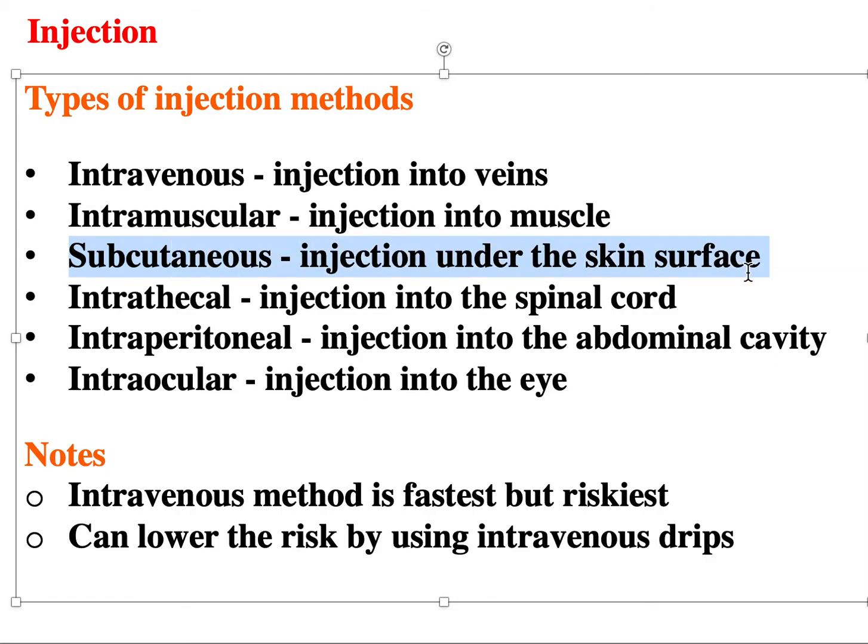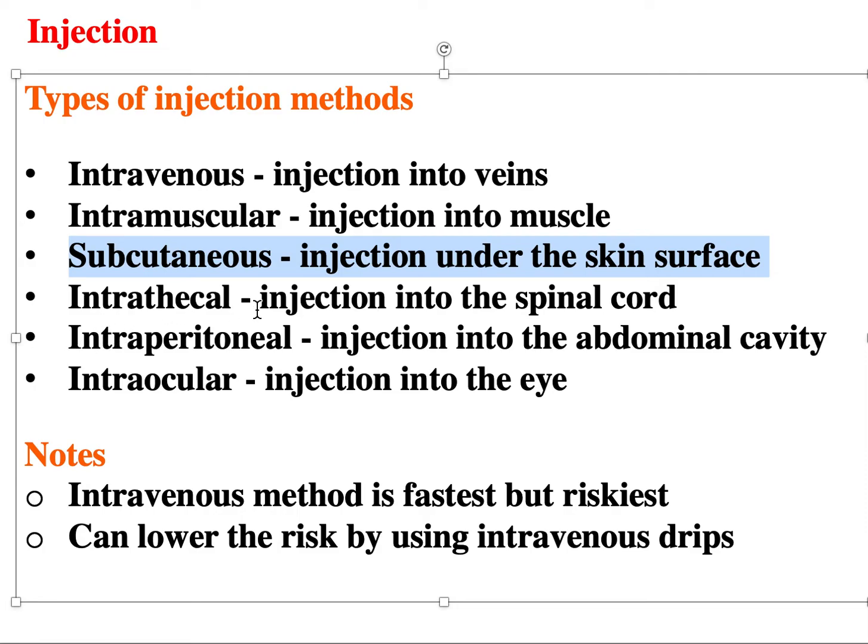The main time you probably experienced this is if you've gotten a TB test. Intrathecal, this is into the spinal cord, and this is definitely a serious situation if you need an intrathecal injection, but this can be due to wanting to inject some kind of painkiller and anesthesia to hit those spinal nerves.